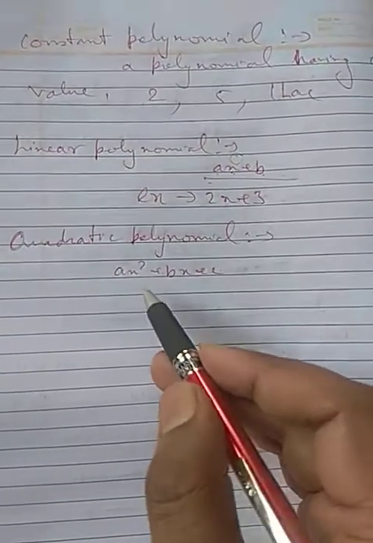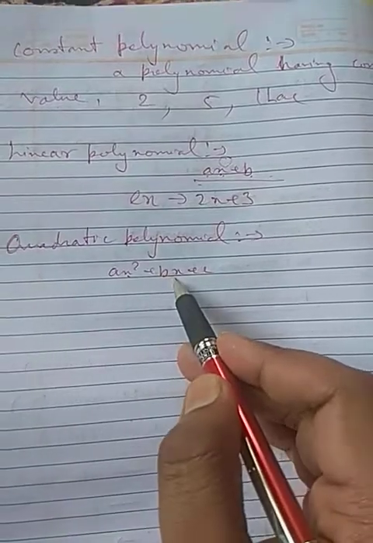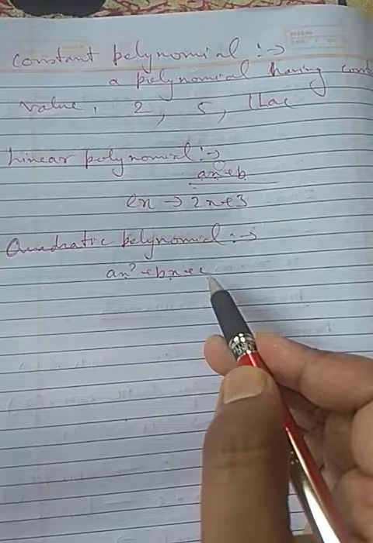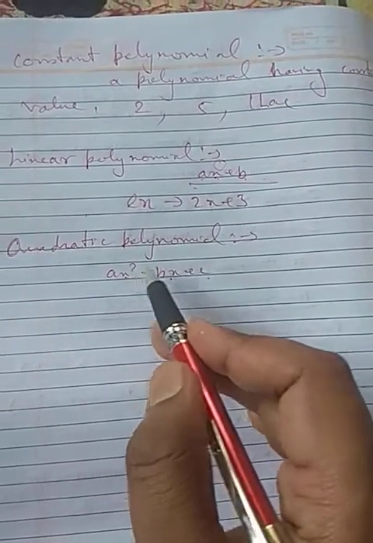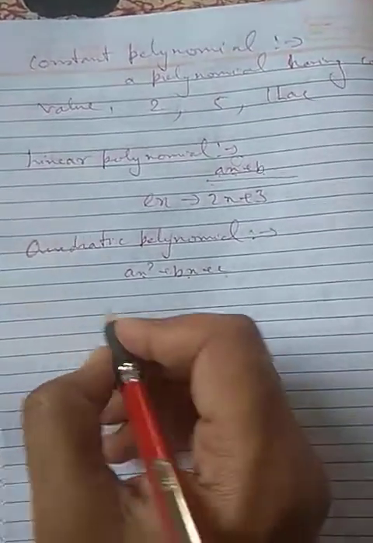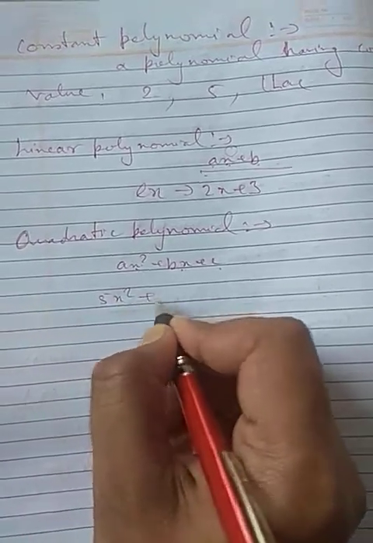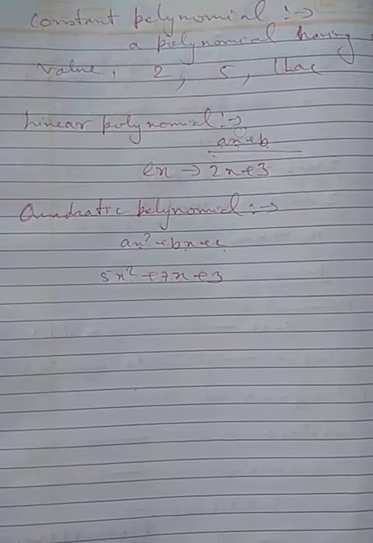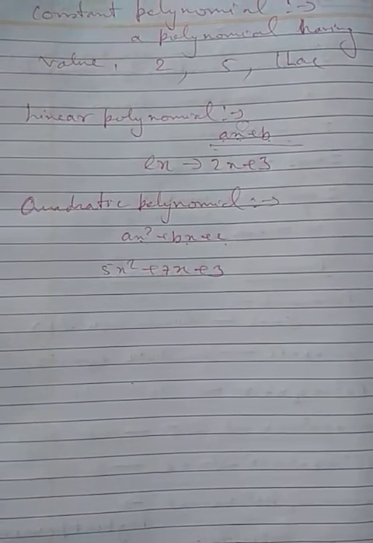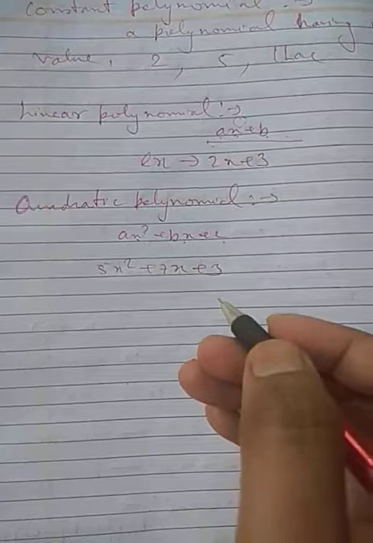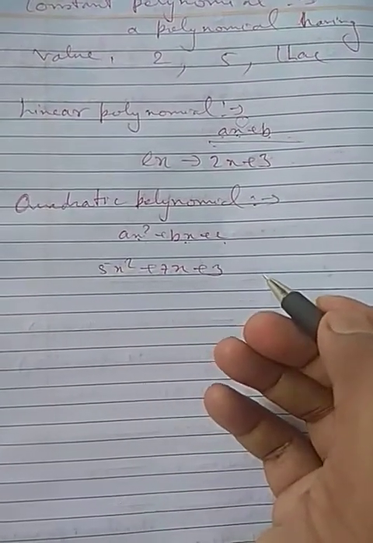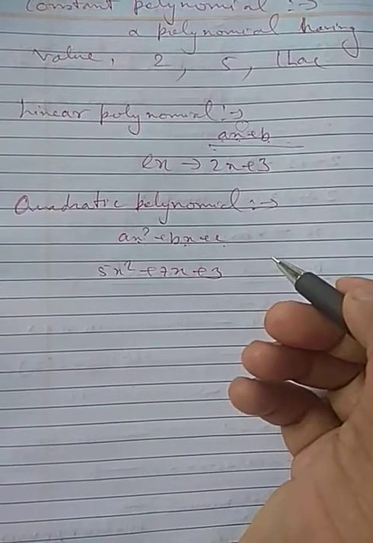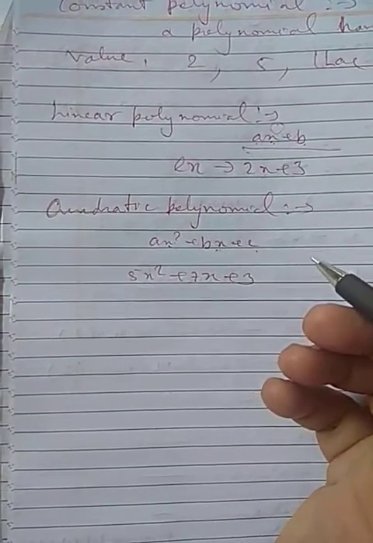In it, x is the variable, a, b and c are constants, and x has the highest power 2, so it is called a quadratic polynomial. An example: 5x square plus 7x plus 3. Here 5, 7 and 3 are constants, x is the variable, and x has the highest power 2, so it is a quadratic polynomial.